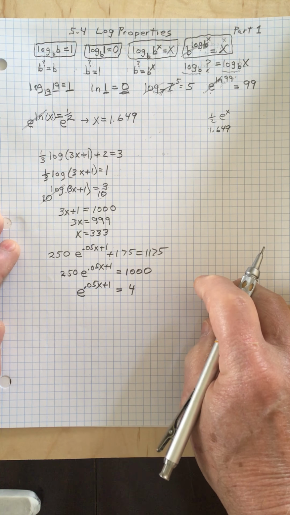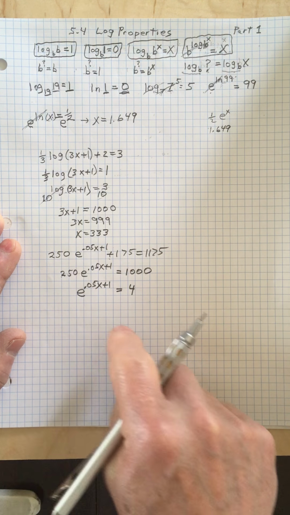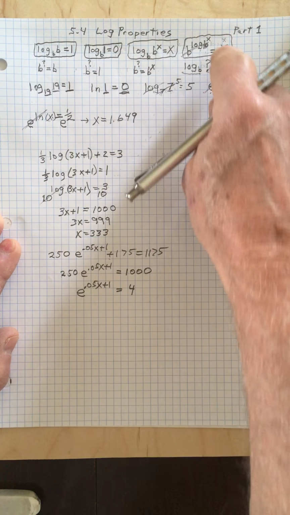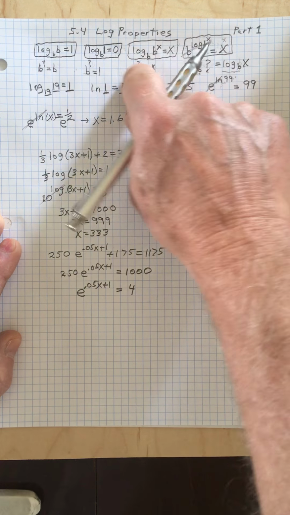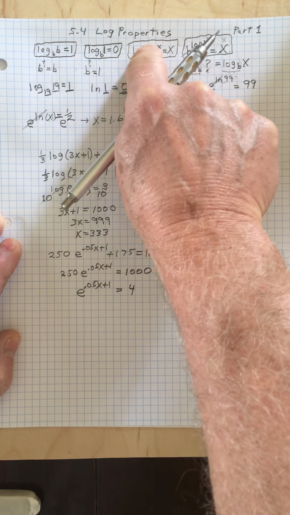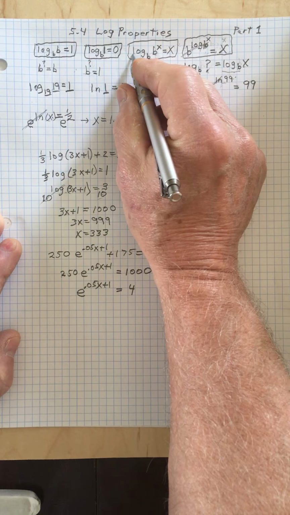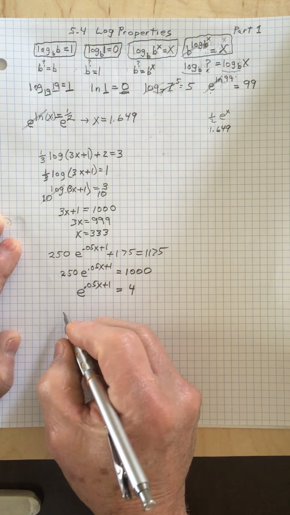Now what we're going to do, rather than use this rule, I'm going to use this rule. Because I already have a base raised to a power, I'd like to get that power out of there. So if I use log of the same base, it'll do it. So what we want to do is this.